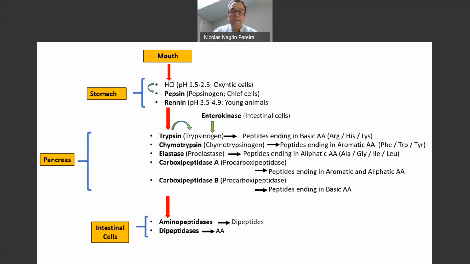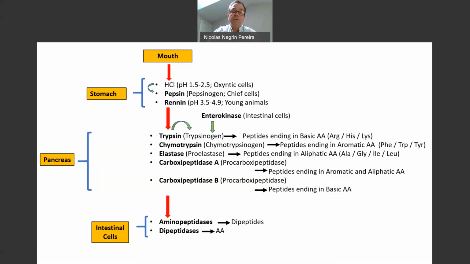And one thing that is important that I forgot to mention is that when trypsinogen is transformed into trypsin, the activated trypsin will also contribute, as a kind of positive feedback in itself, to produce more activated trypsin.